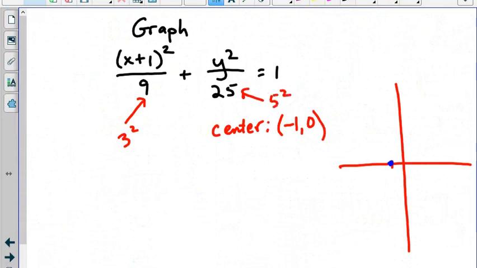So that means this is going to be stretched in the y direction. That means that for the y, we're going to go up and down 5 from the center. And in the x direction, we're going to go to the left and to the right 3 from the center.